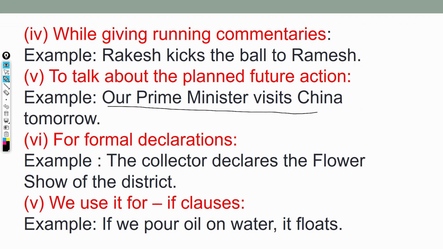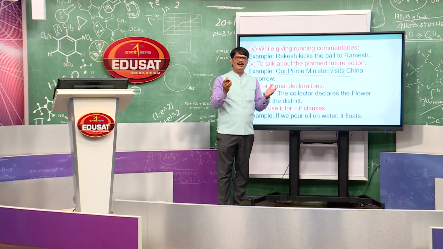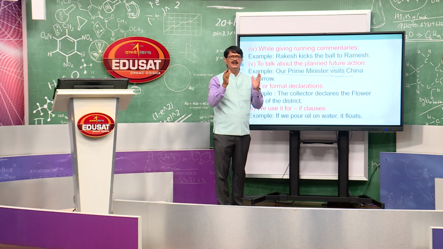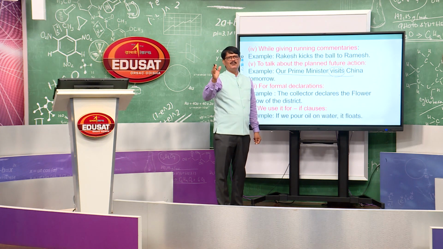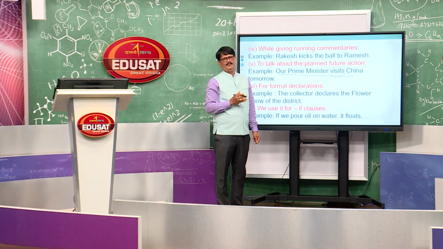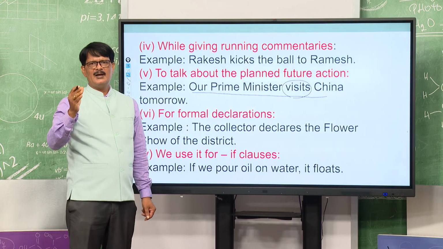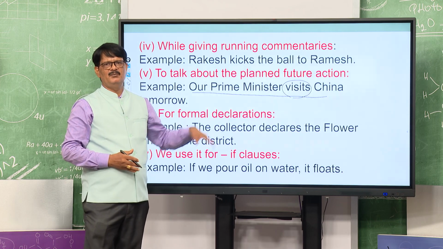Here the plan is there. Already it has been planned by the Prime Minister's office. So when it is a planned future action, the tense here is the present tense, or present time, but it is indicating the future. So to talk about a planned future action, we use the present simple.